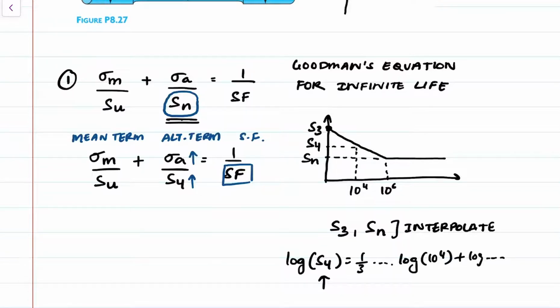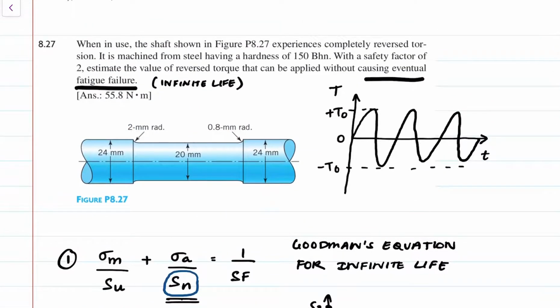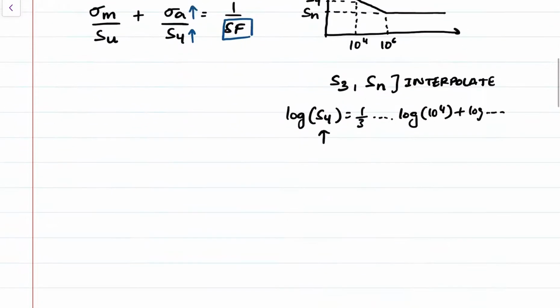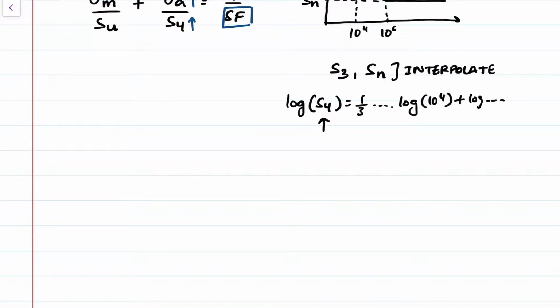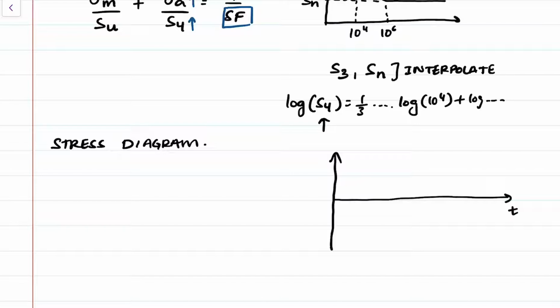Okay, so how do we go about doing this? So looking at this diagram that I just drew, we're going to have a stress due to the completely reversed torsion. So let's look at the stress diagram. Again, if I were to draw it as a function of time, it would start off at some value, 0, and it would fluctuate in a sinusoidal fashion.